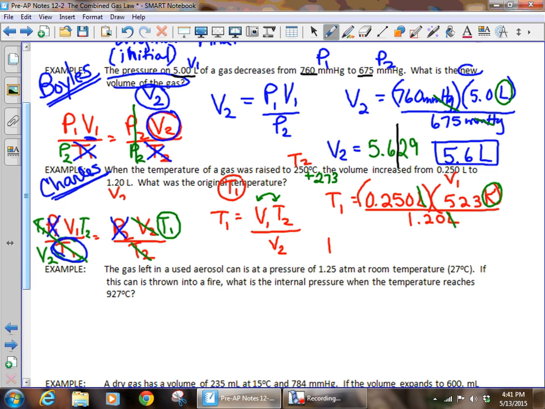We end up with T1 being equal to 108.95, I believe. But looking back at original sig figs, we've got 2 sig figs here, 3 here, and 3 here. Looks like we want 2 in our answer. So draw our sig fig line. Now this one is a little bit harder.